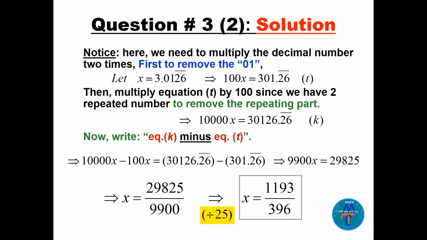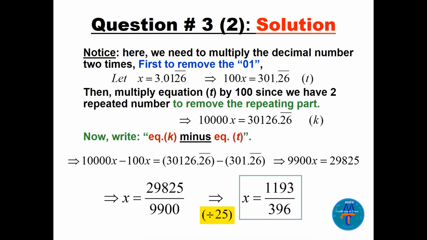We see two numbers after the decimal point not repeated. So let's call the original given number X. So let X equal 3.0126 repeating. Let's multiply by 100 because we need to get rid of 0 and 1 after the decimal point.